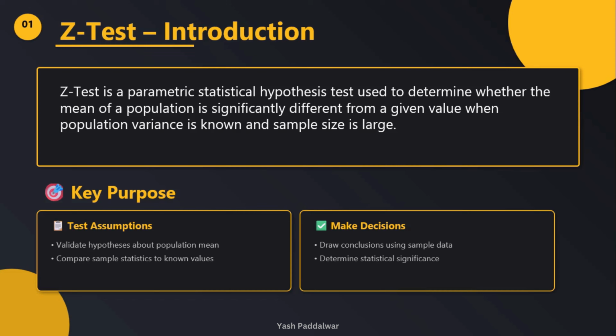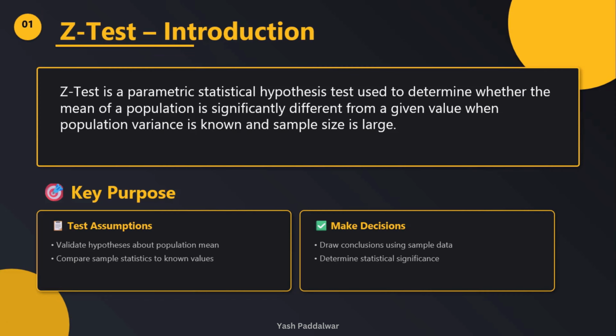Two things it assumes. To make this test applicable, it has to follow two criteria. The first criterion is that the population variance is known to you. If this is known to you, then you can apply the Z test. But this is not the only thing required. The second thing required is that your sample size is large, larger than a particular threshold, let's say 30.